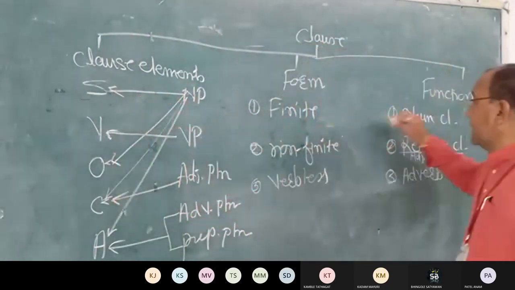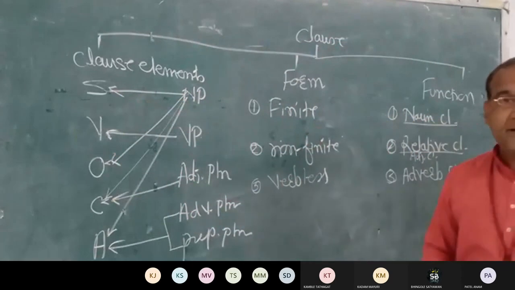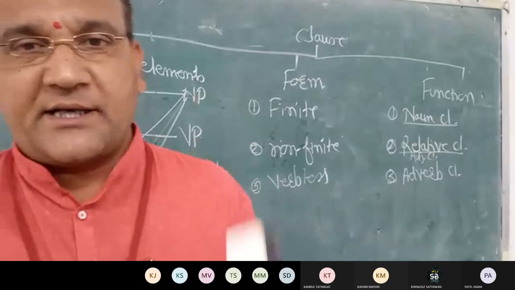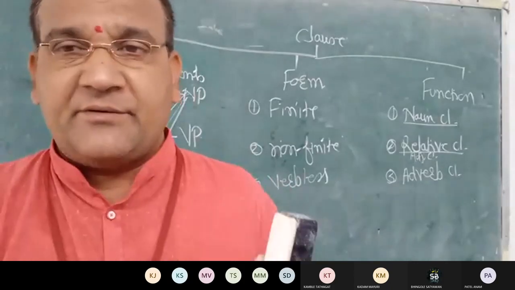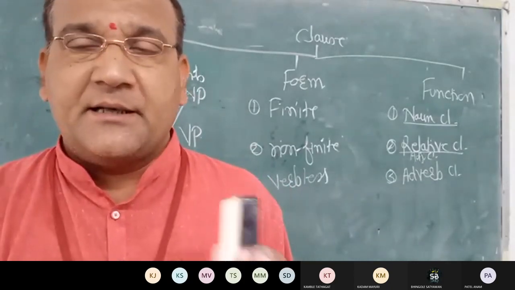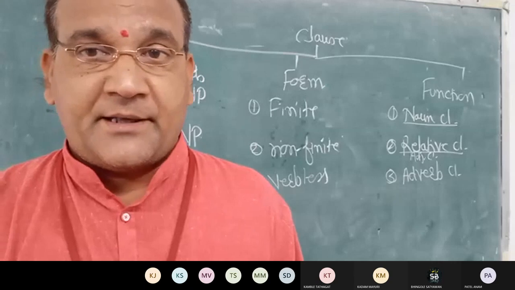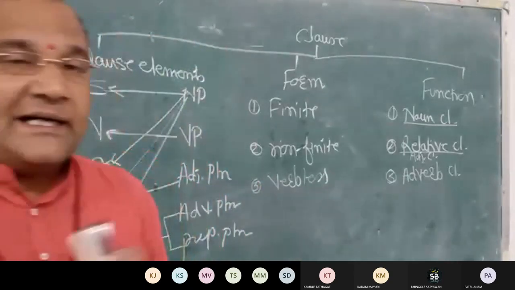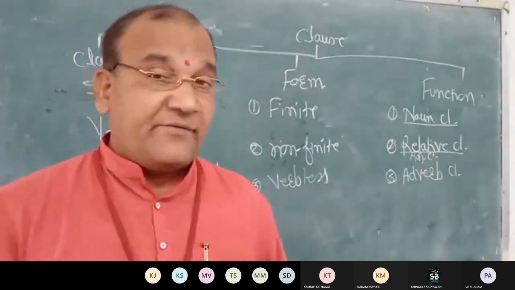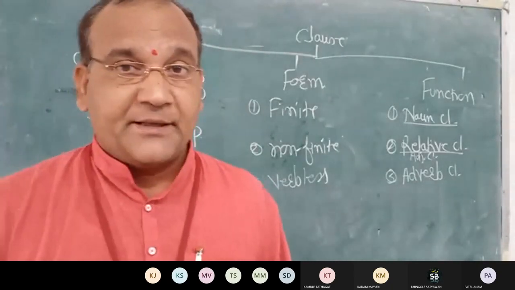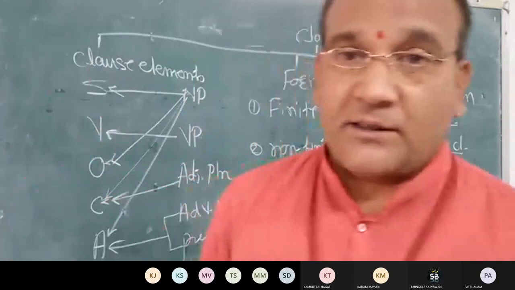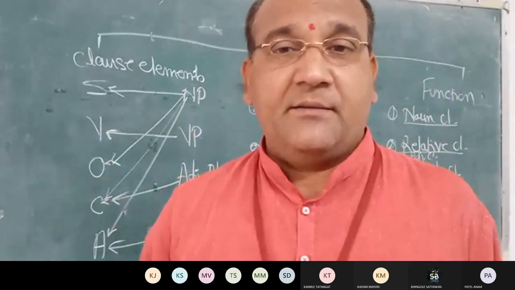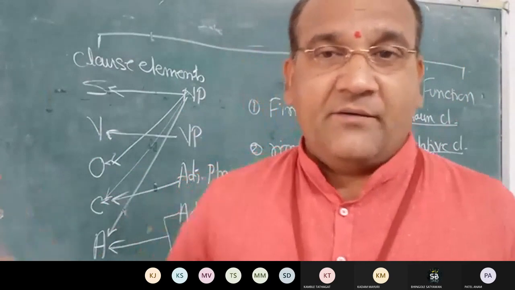So similarly, a noun clause shall function like a noun or noun phrase, occurring in the position of a subject, object, complement. A relative clause comes only as a post modifier of an NP. Relative clause does not occur in a complex sentence.